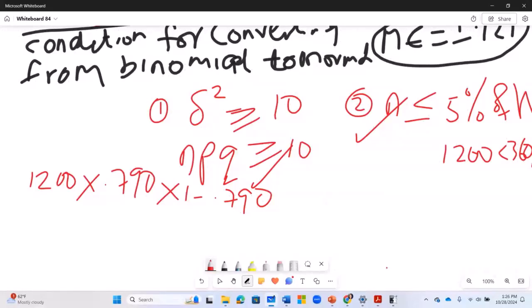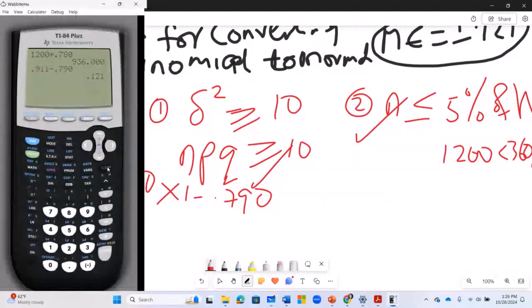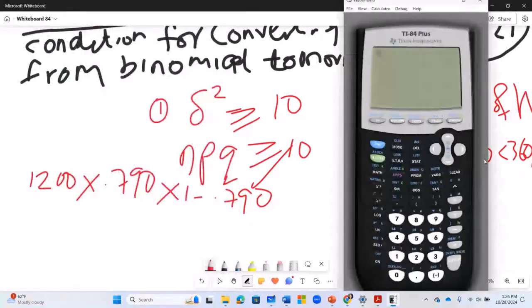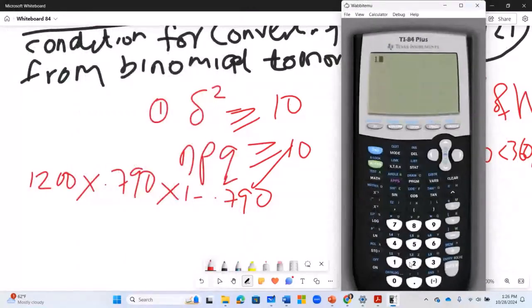I will do the multiplication: 1,200 multiplied by 0.790 multiplied by parentheses 1 minus 0.790, and hit enter. My answer is greater than 10. So condition number one is satisfied.